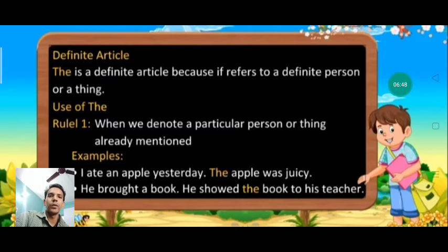This is rule 1: when we denote a particular person or thing already mentioned, we use the in the sentence. This can help you in the writing section, children. When you write a story, a letter or answers, all these points will help you to score good marks.